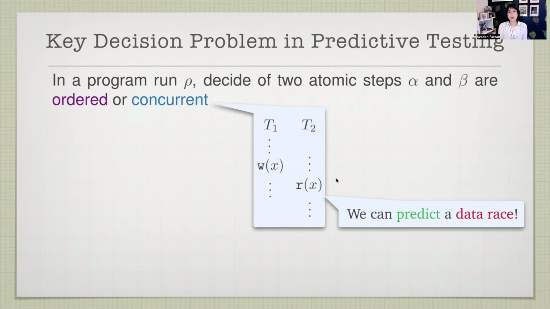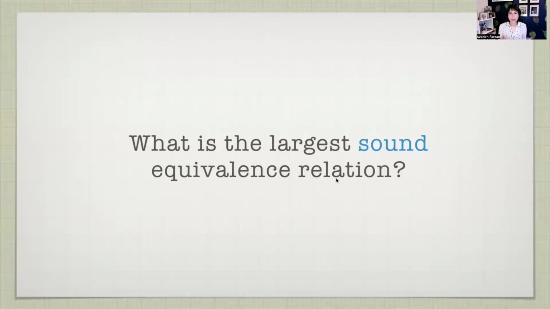Now, of course, once we know causal concurrency is our problem and we want to look at it in the context of equivalence classes, and soundness is important to us, the natural question that comes up is, what is the largest sound equivalence relation? You can see instinctively that the more behaviors I can declare equivalent, the more prediction power I'm giving to my oracle.